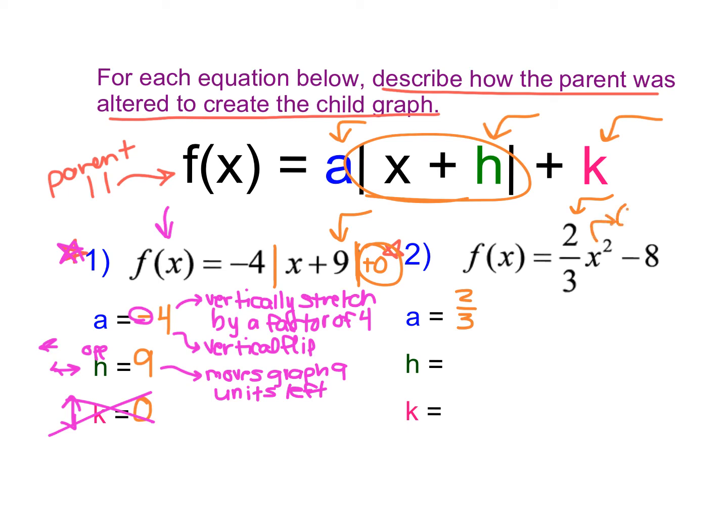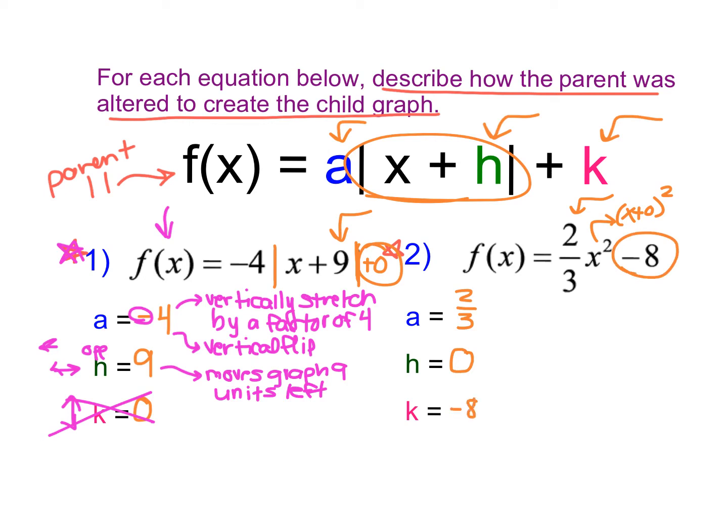So really what this is saying is x plus 0 quantity squared. Because the 0 means that you're not adding anything to x, the x value is just by itself instead. So here our h value is actually 0. And then our k value is added on the outside, which in this case is going to be negative 8.